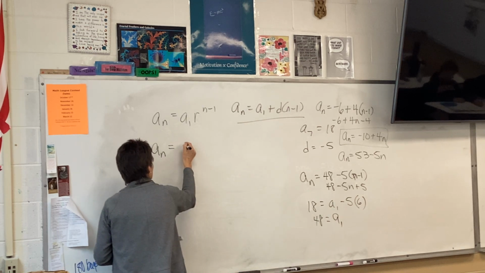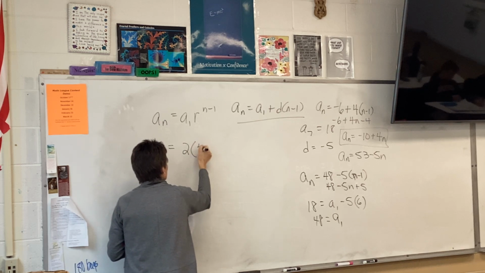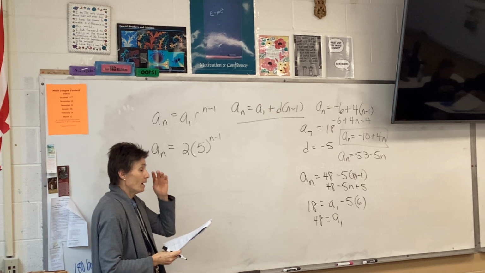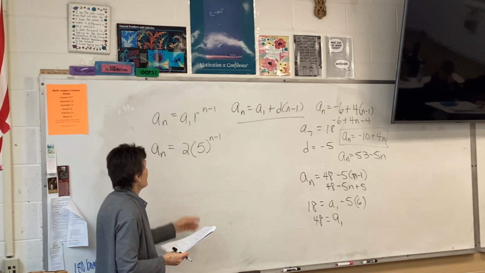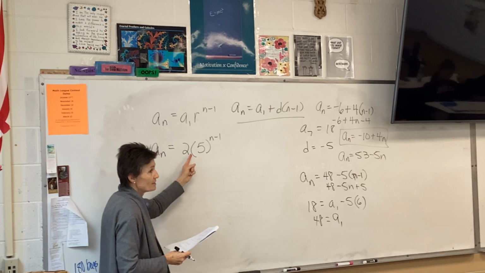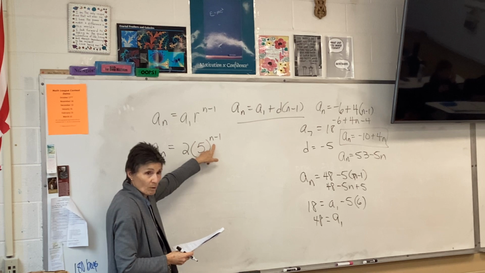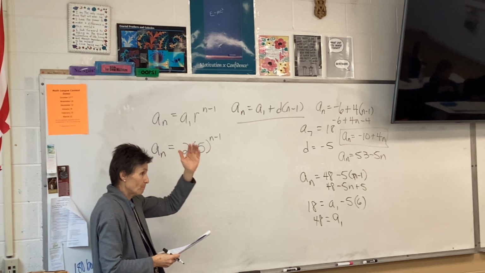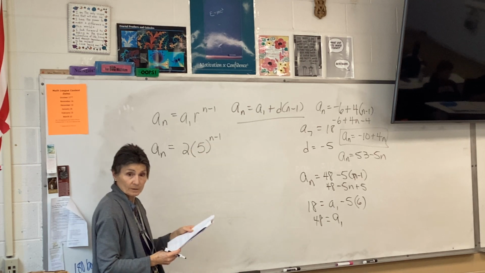The nth term is going to be the first term, which is 2, times 5 to the n minus 1. Under no circumstances do you multiply these two numbers together. That one has an exponent, so these cannot be combined. They stay separate. 2 times 5 to the n minus 1. Okay?